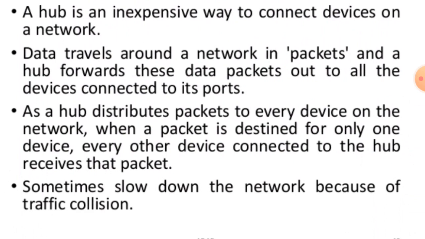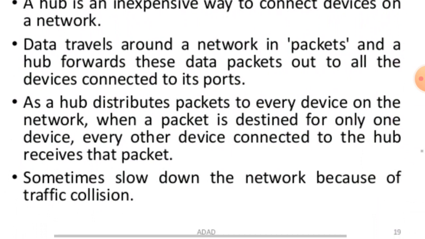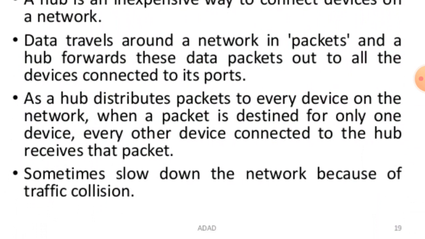As a hub distributes packets to every device on the network, when a packet is destined for only one device, every other device connected to the hub receives that packet. This sometimes slows down the network because of traffic collisions.